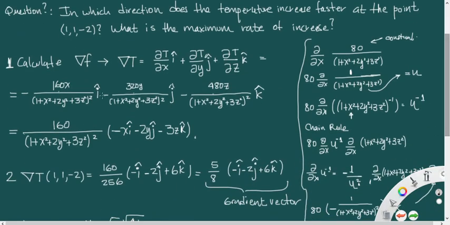If we factorize this, because this is a common number, we have here a common multiplier, so we can factorize this as 160 divided by this times minus x times the i component of the vector minus 2 times y times the j component of the vector minus 3 times z times the k component of the vector.